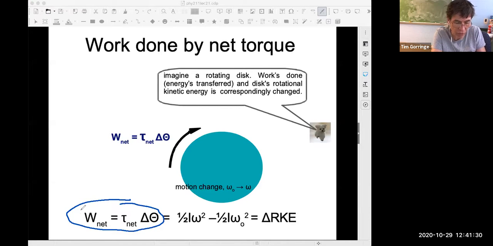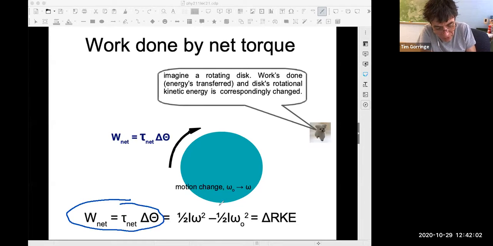This equation relating the torque and the work looks like the equation on the previous slide relating the force and the work. The work done by a force was force times the distance. And the work done by the torque is the torque times this angular distance. So they're equivalent equations, one in a rotational world, one in a translational world.